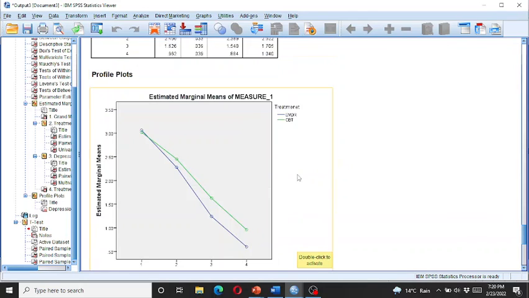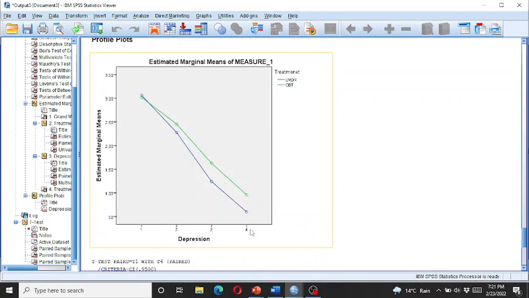And you can also look at the estimated marginal means, and you can see here that both therapies have helped in reducing the level of depression with the passage of time from time 1 to time 4. However, the patients in the EMDR group have reduced the level of depression more significantly as compared to the CBT group.